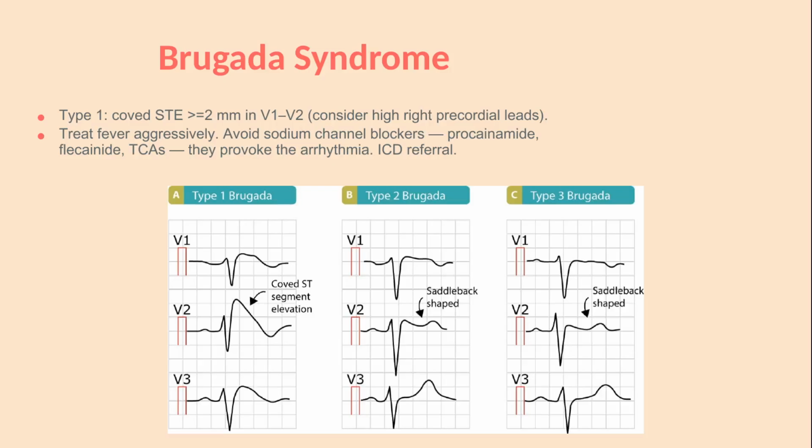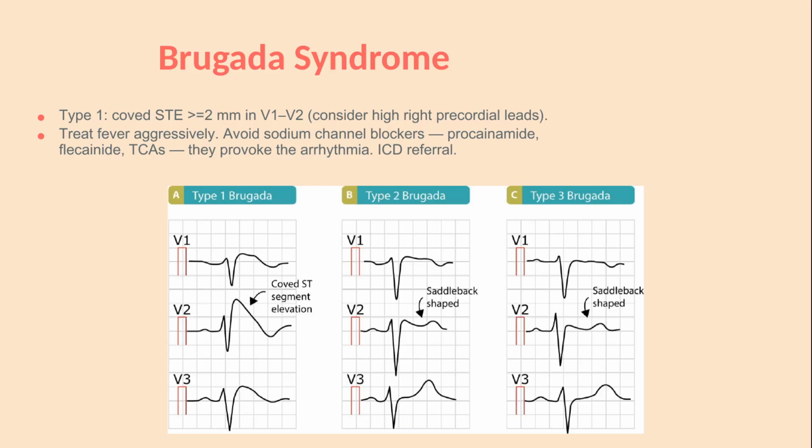Brugada syndrome is a sodium channelopathy that causes sudden death in structurally normal hearts, and you find it by looking at the right precordial leads. The type 1 pattern is coved ST elevation of at least 2 millimeters in V1 through V3, sloping into an inverted T wave, sometimes with a pseudo-right bundle branch appearance.